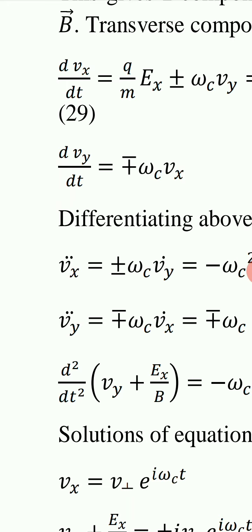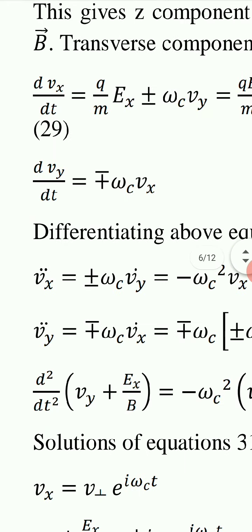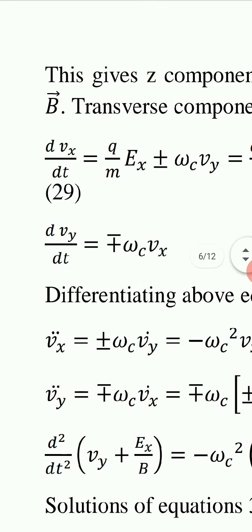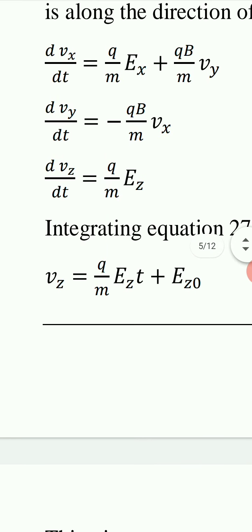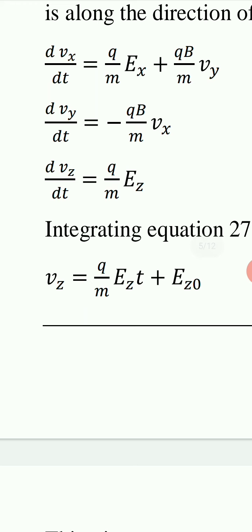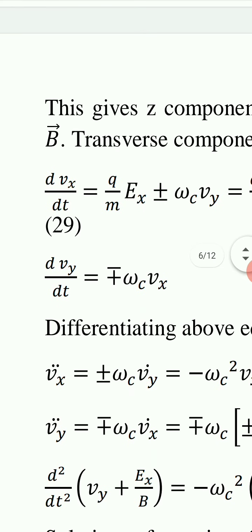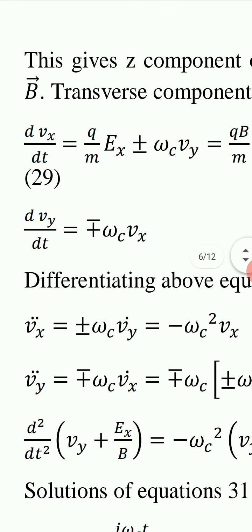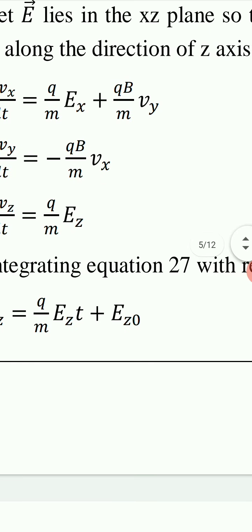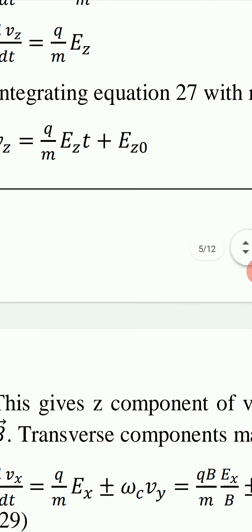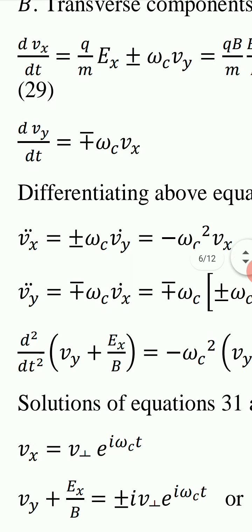Transverse components, the X component and Y component, may be written as dVx upon dt equal to, this is the relation for dVx upon dt, it is equal to Q upon M Ex plus QB upon M Vy. So it is Q upon M Ex, and here we write QB upon M as plus minus omega c.